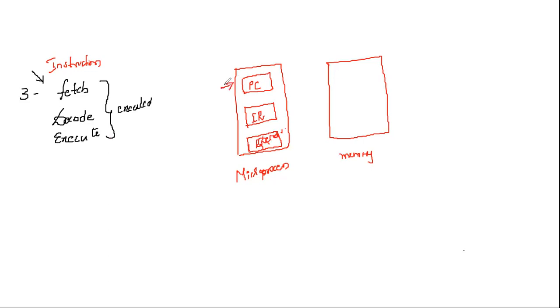The program counter holds the address of, this is very important, the address of the next instruction. The instruction register holds the current instruction. The decoder is going to decode the things.